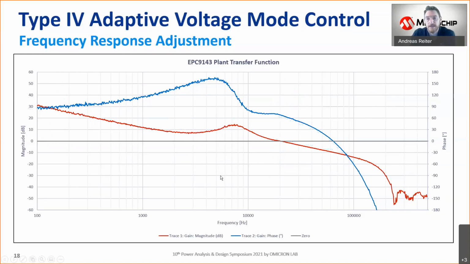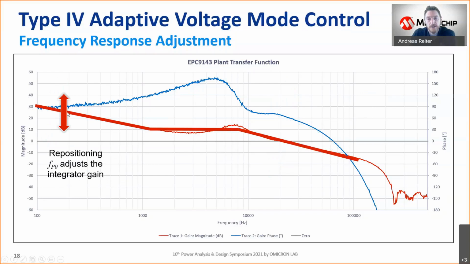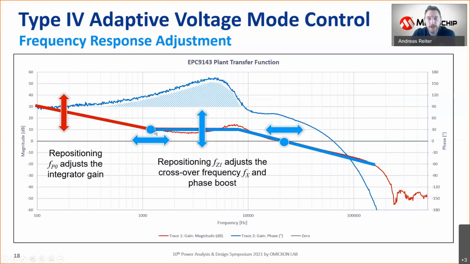So here, if I simplify this Bode plot, by repositioning the pole at the origin, the whole gain curve is translated up or down. By repositioning this first zero, we can either increase the crossover frequency, so I can pull this in.